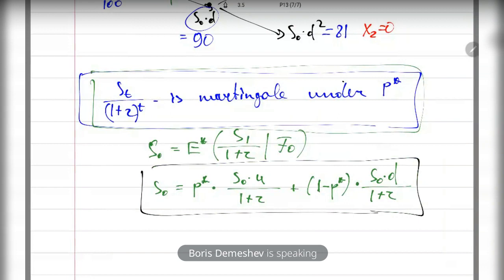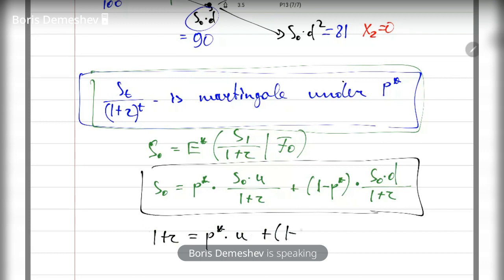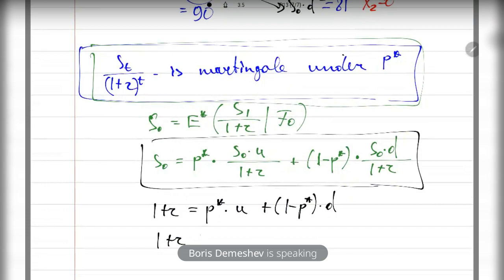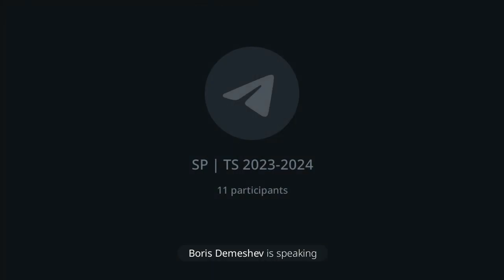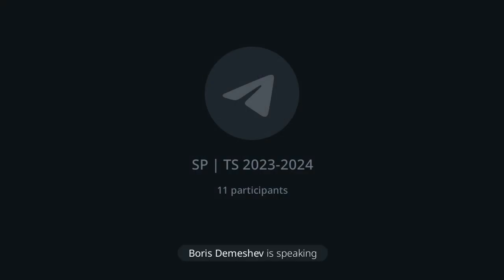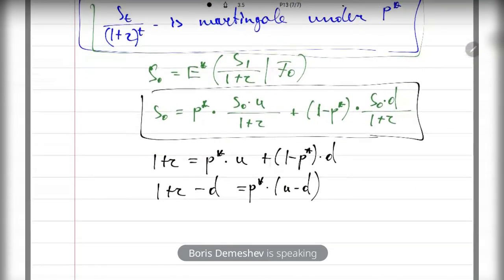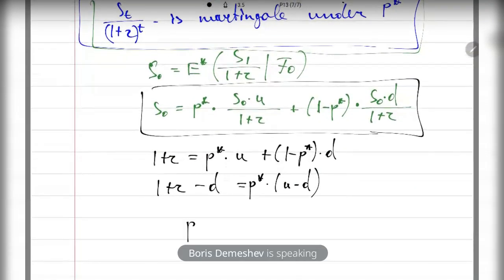I remove S0, and let's multiply by 1 plus r. 1 plus r equals P star times u plus 1 minus P star times d. So 1 plus r minus d is equal to P star times (u minus d). And in this discrete time case, I can just write this P star: (1 plus r minus d) divided by (u minus d).